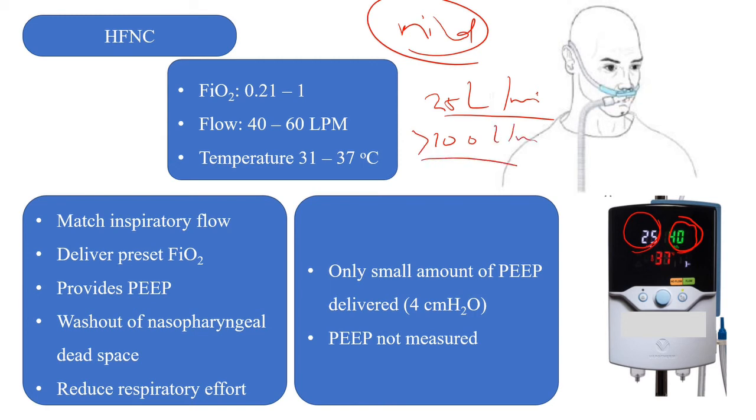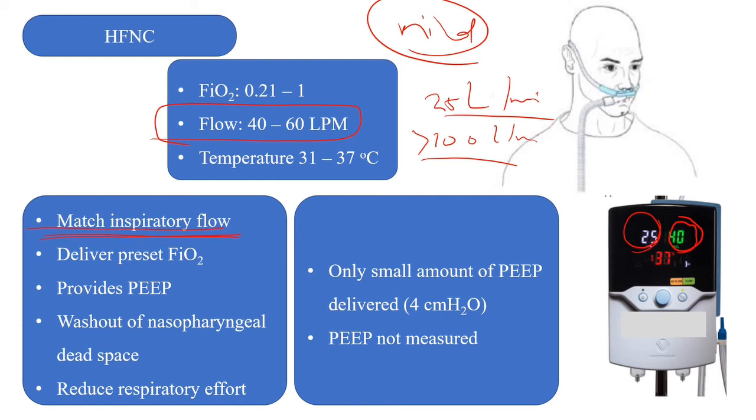So if you apply a flow which is equal to or higher than the flow required by the patient, this might help him rest his respiratory muscles and so reduce the respiratory efforts. Applying a high flow rate gives this advantage by matching the already high inspiratory flow.